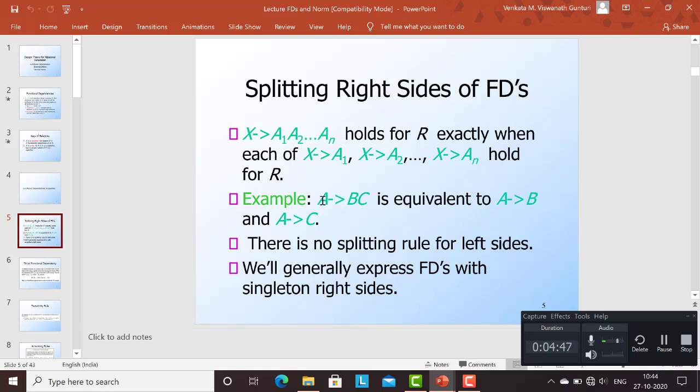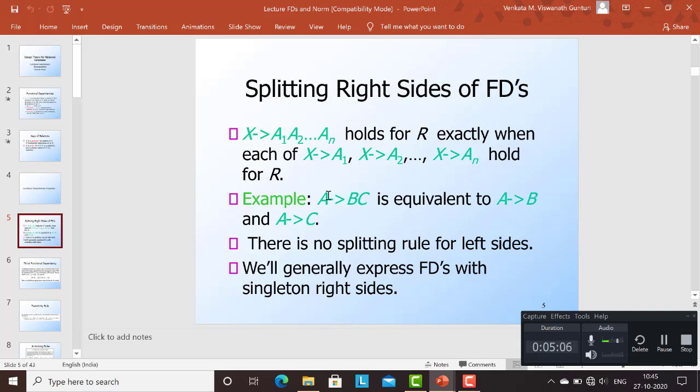An example is that if A implies B and C, it is equivalent to saying that A implies B and A implies C. Just take a simple example. If your attribute A is student ID, then student ID can uniquely identify both your name and CGPA.